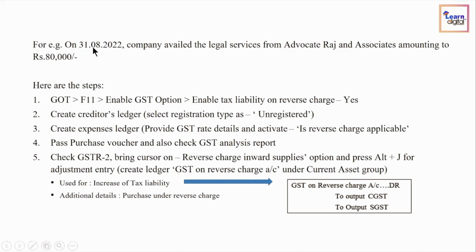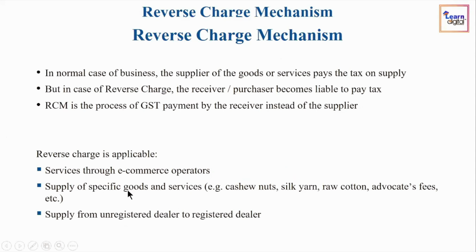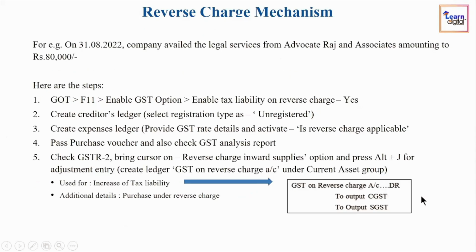For example, on 31st August, the company availed legal services from Advocate Raj and Associates amounting to rupees 80,000. See, just now we discussed the specific services that attract RCM. In that, advocate fees, that is legal fees, are there. So suppose our company hired legal advice from the advocate.